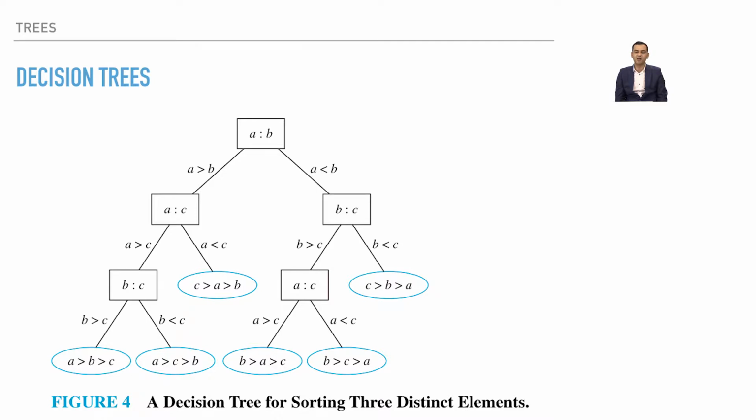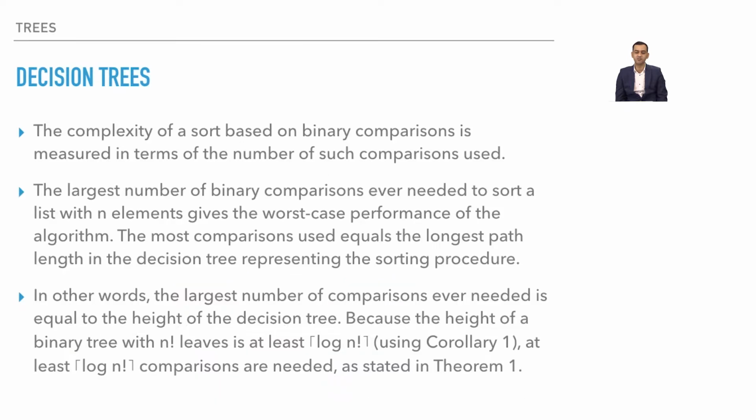In other words, the largest number of comparisons ever needed is equal to the height of the decision tree, and the height of a binary tree with n factorial leaves is at least log n factorial. Using Corollary 1, at least log n factorial comparisons are needed, as stated in Theorem 1.